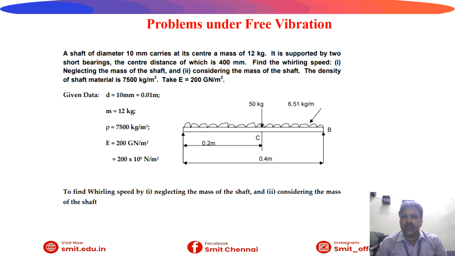Rho, that is density, is 7500 kg per meter cube. Young's modulus E equals 200 giganewton per meter square. Giga is 10 power 9, then Newton per meter square. With these data, you have to find the whirling speed by neglecting the mass of the shaft, that is one condition, then considering the mass of the shaft. These are the two conditions given.